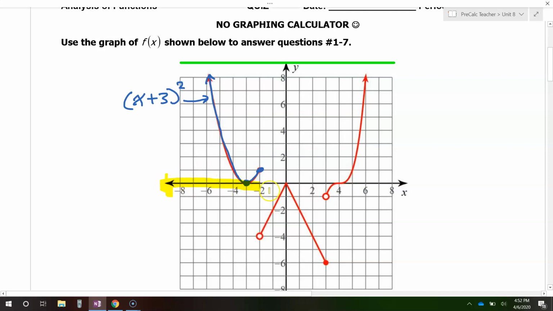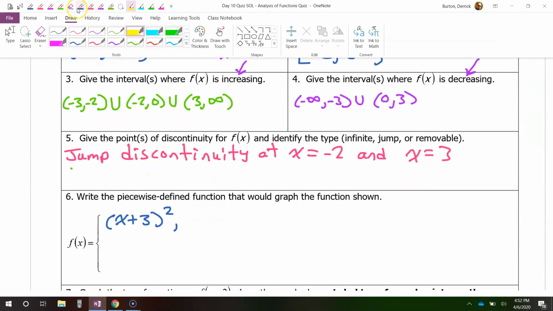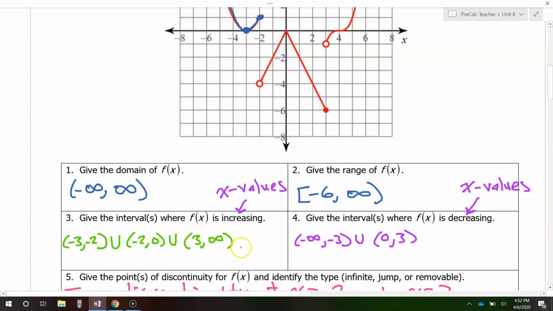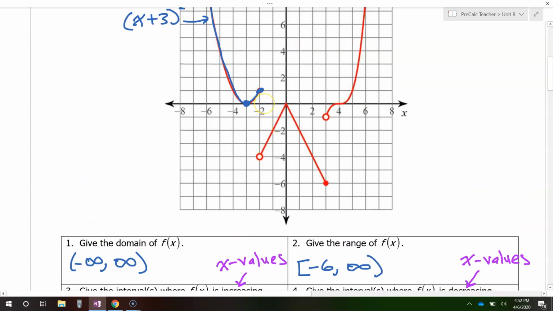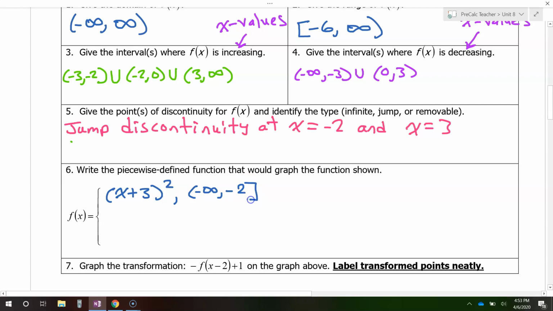If I say it from left to right as I should, it's -infinity to -2. So that's the domain for this part of the graph, so we need to include that. So we'll say -infinity to -2. Let's see, will this be an open circle or a closed circle? This is a closed circle, so I'm going to go ahead and put a square bracket on that.